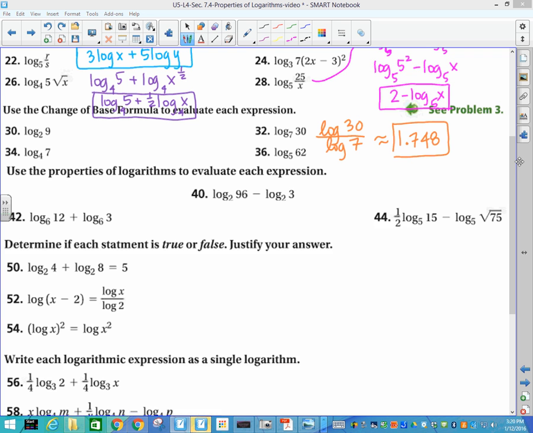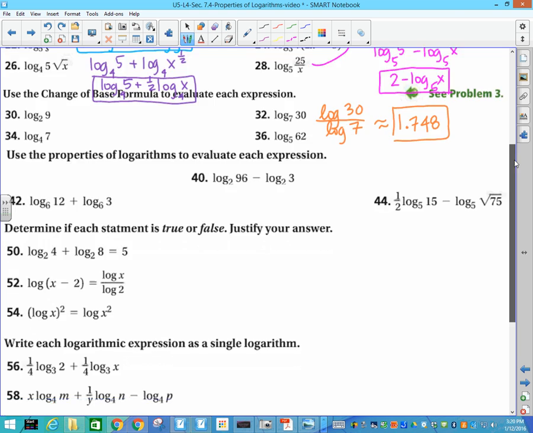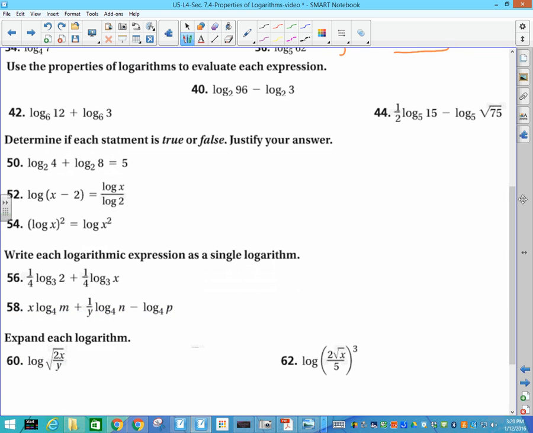Use properties of logs to evaluate each expression. Looking at number 40, there's nothing in front of it. It's just a log minus a log. It's subtraction, which means I can combine them by making it division. So it would be the log base 2 of 96 over 3.